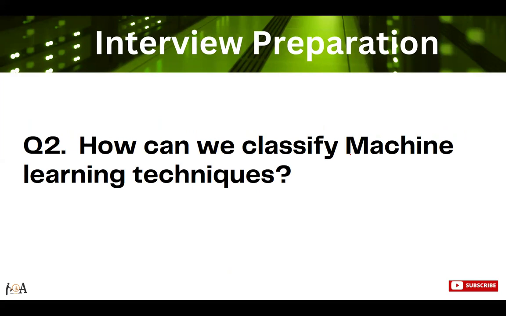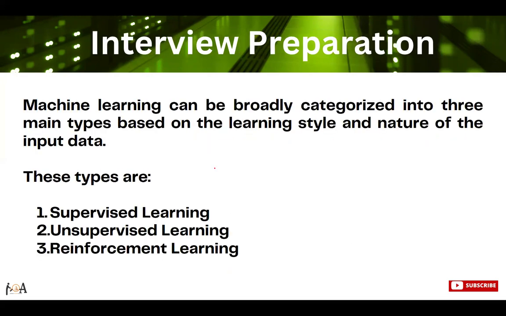And in this series, the second question is how can we classify machine learning techniques, right? So basically, on the basis of the learning style of the algorithm and the nature of input data, we can classify machine learning into three types: supervised learning, unsupervised learning, and reinforcement learning.